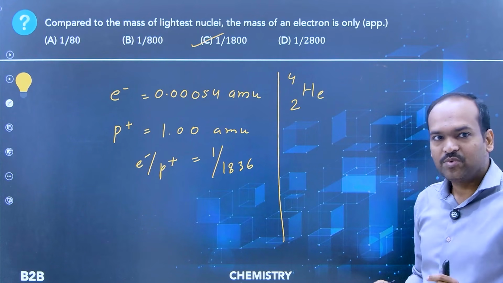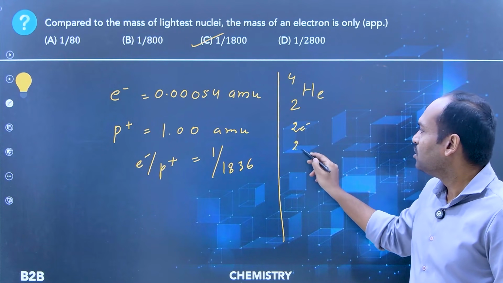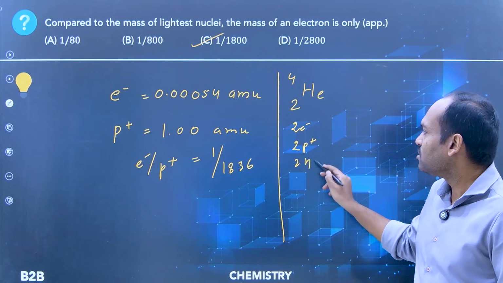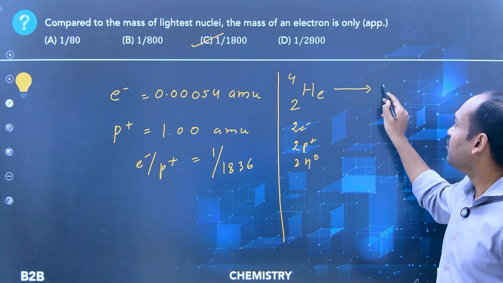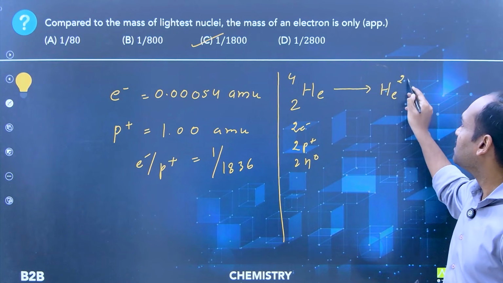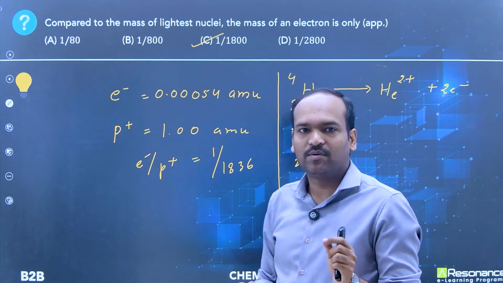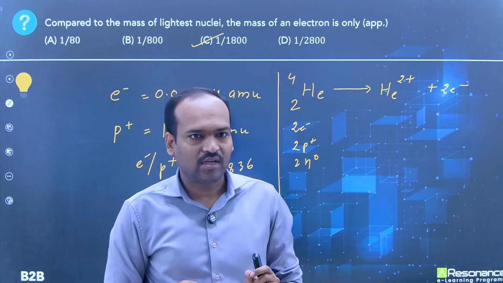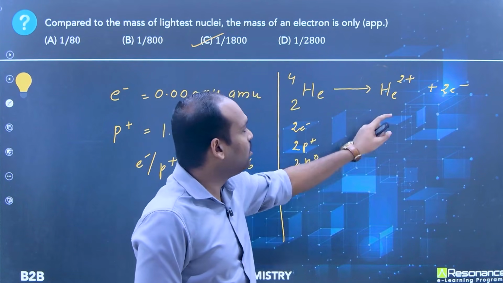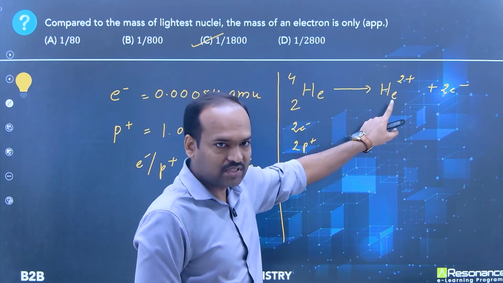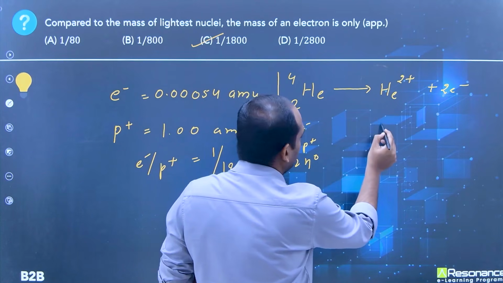Now if we are counting 2 electrons, 2 protons and 2 neutrons, and we are going to ionize the helium atom, what will we get? We'll get helium 2 plus and 2 electrons. Clear? I ionize the helium atom, so I got 2 electrons plus the helium ion. The helium atom had 2 electrons, so now there are 0 electrons but 2 protons present.